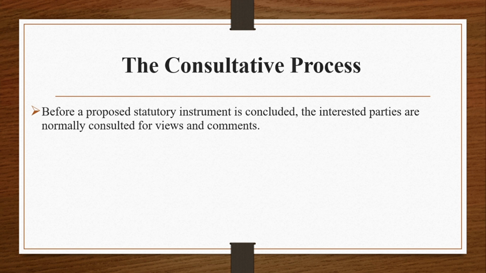They are supposed to be consulted to avoid adverse impacts on business operations. So the consultative process also helps to control delegated legislation so that unnecessary laws are not passed or are not enforced.